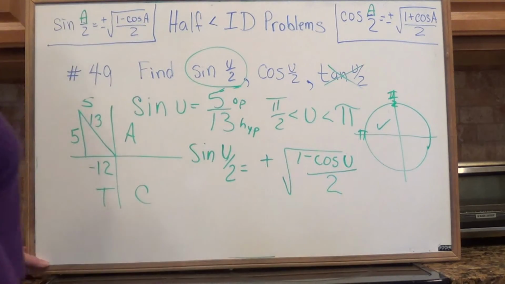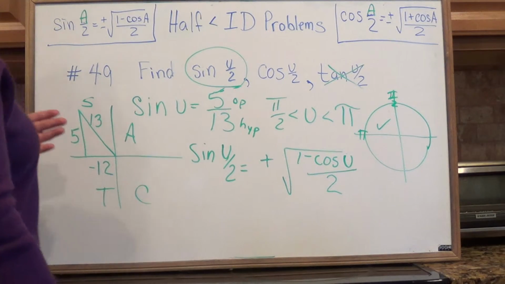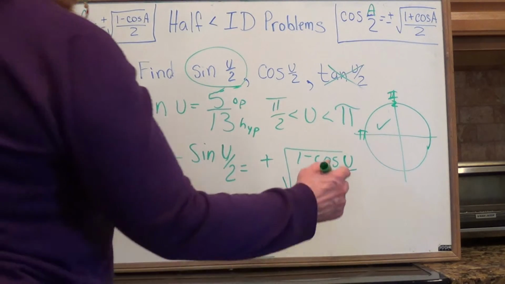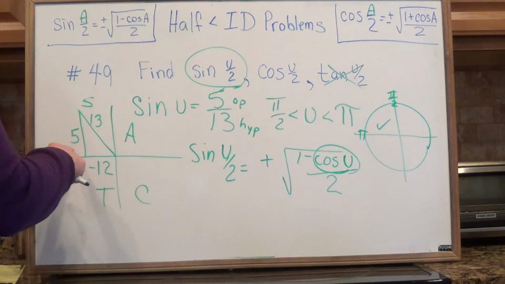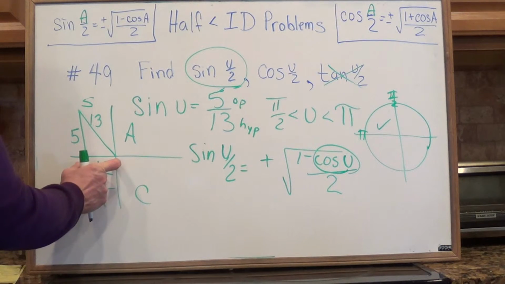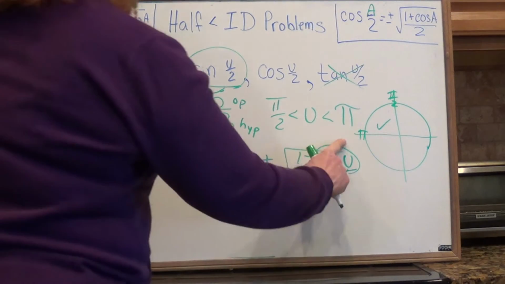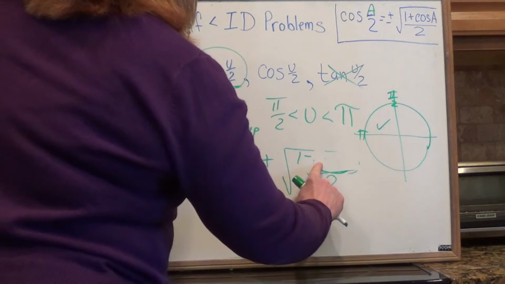And cosine of u, in this case, we are unsure of what cosine of u is. So when you paused it, did you evaluate cosine of u by looking at the triangle? And on number 49, cosine of u is adjacent over hypotenuse, negative 12 over 13.